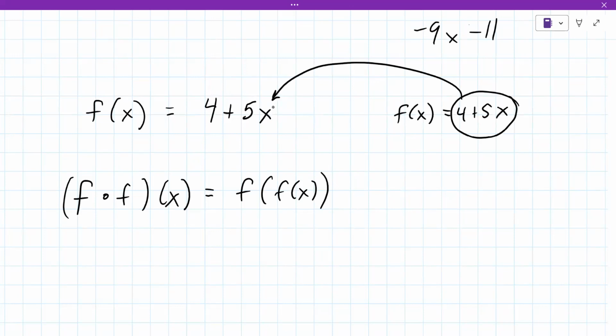Okay, so could you attempt that for us, please? Is it 24 plus 25x?